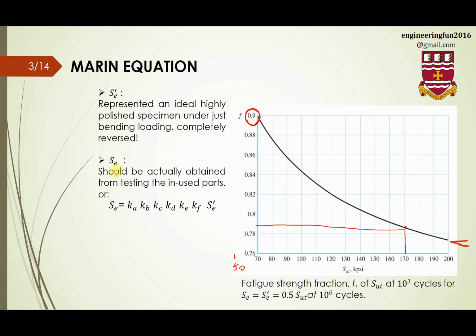Actually, if you want to find SE, you need to take that part of the machine, take it off, test it and find SE. But because sometimes it's very expensive, or not practical, and you cannot do that, this is why we use these equations with all these factors in order to find endurance strength.